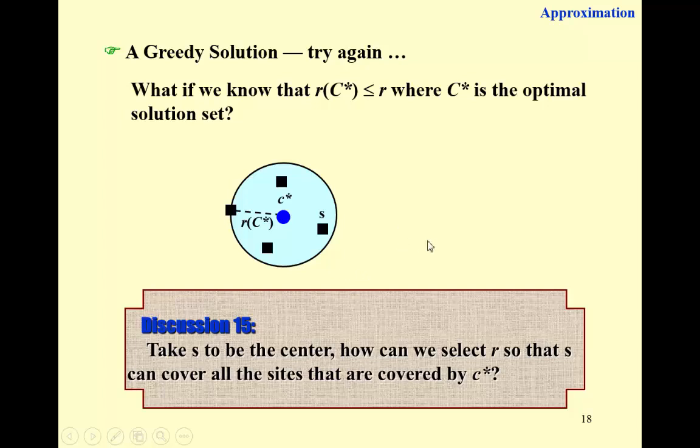Well, the answer is 2 times the optimal radius. Why? Because in the worst case, this S can be some side that is also sitting on the boundary, right? So in the worst case, there's going to be another side with the maximum distance between that side and this S. And that maximum distance is what?